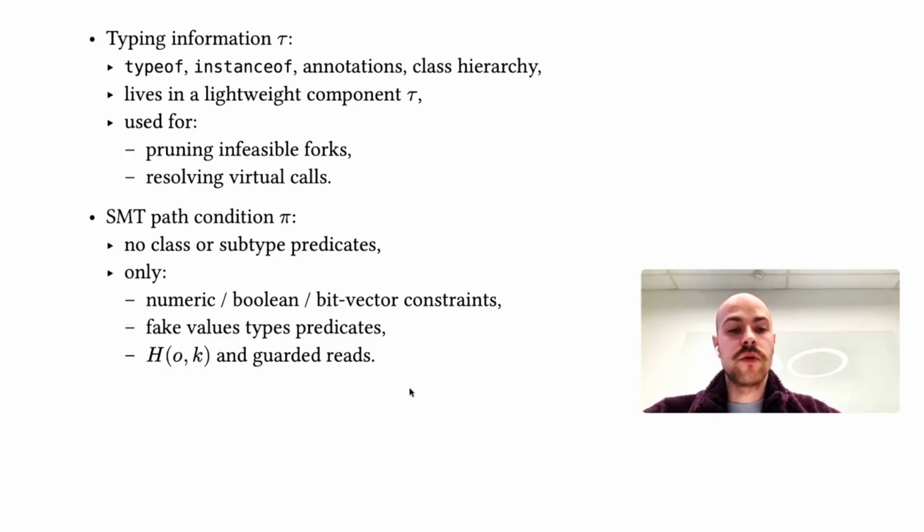It consists of numeric, Boolean, bit vector constraints, some value predicates, like I mentioned previously, and these Boolean property atoms and guarded reads. So information about these path minimal objects: which property do we need to have in this program so that we can still satisfy the following path?